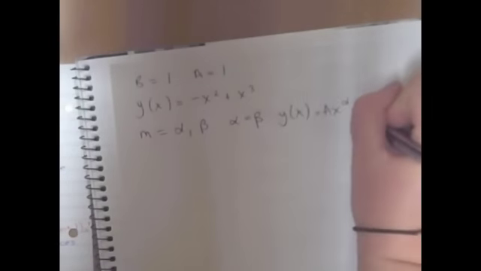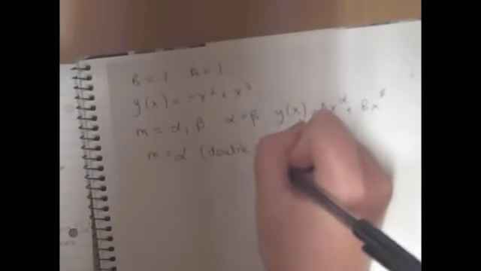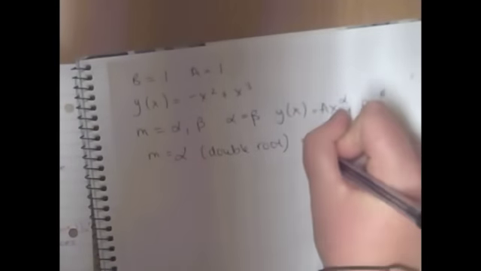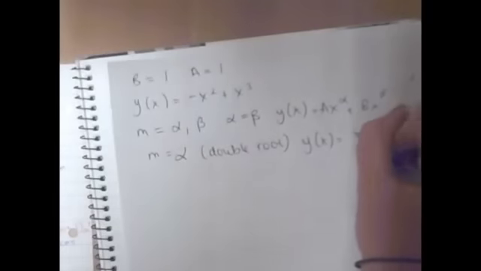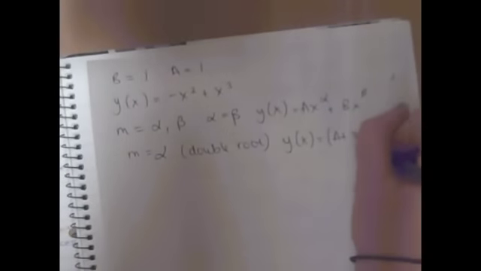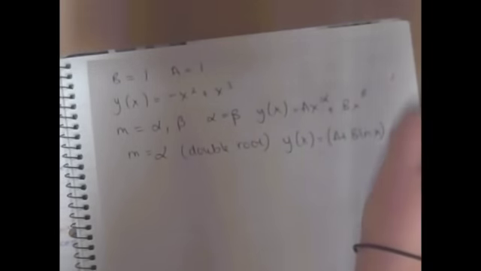So if m = alpha, beta, where they don't equal the same thing, y(x) = a x^α + b x^β. For a double root, say m = alpha, y(x) = (a + b ln x) x^α.